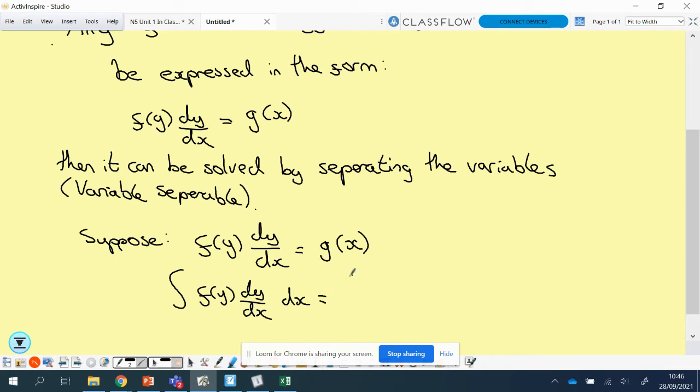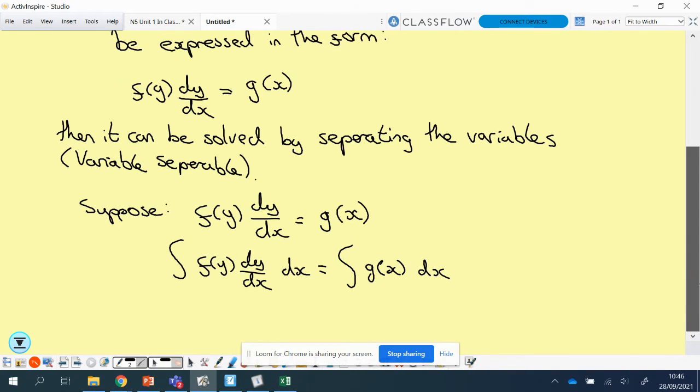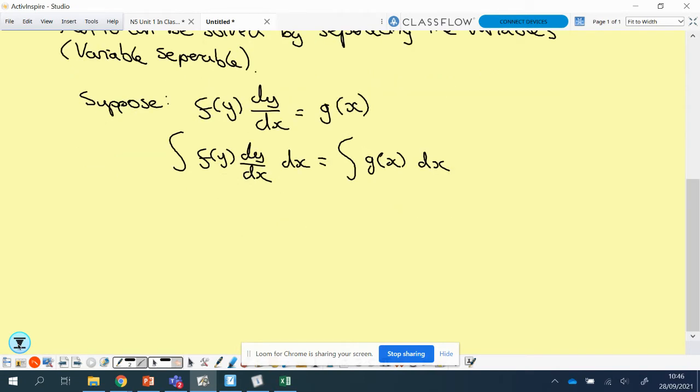And then I integrate the other side with respect to x, dx. Then the dx is cancelled there, so I actually just end up with the function of y integrated with respect to y, I've got dy left, and nothing happens on this side. I'm integrating the right hand side with respect to x there.